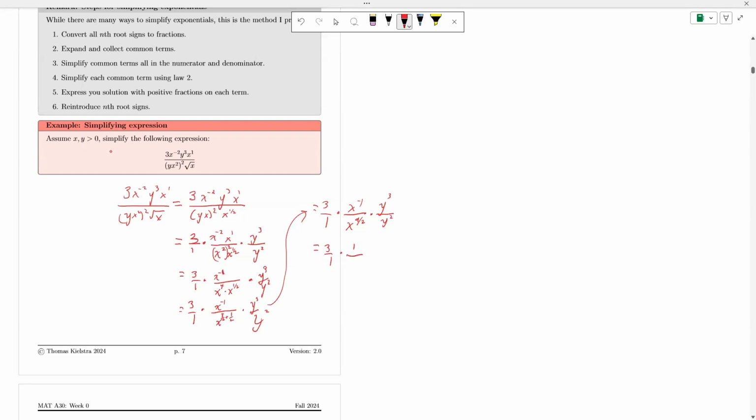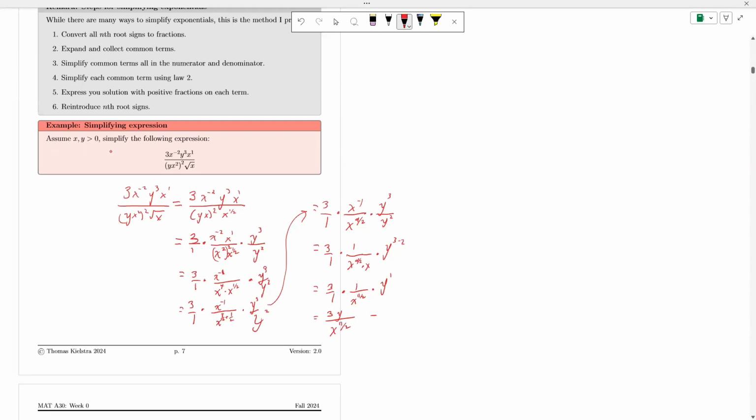So it's 1 over x to the 9 over 2 times x, times y to the 3 minus 2, which is going to equal 3 over 1 times 1 over x to the 11 over 2 times y to the 1. Gives me 3y over x to the 11 over 2.